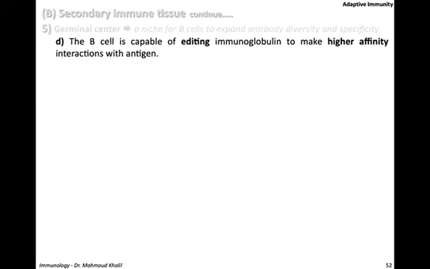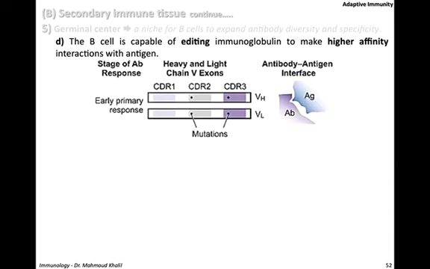The B cell will do something called editing of the immunoglobulin to make it higher in affinity for interaction with the antigen. You can see from the figure how the somatic mutation can result in higher antibody-antigen affinity.